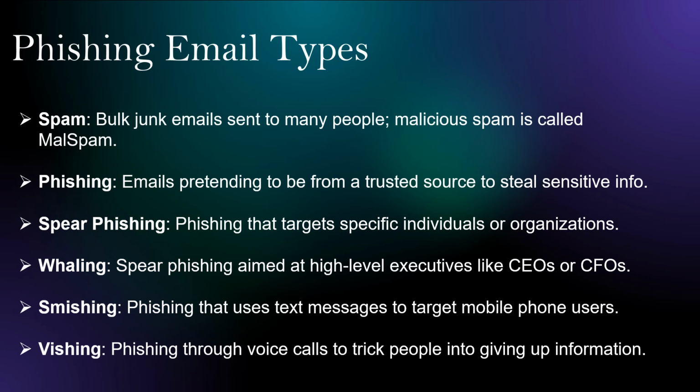Sometimes they send links in text messages, so that the receiver clicks on the link, and then they can get access to their mobile phones and try to steal the individual's data. Vishing is the same thing as smishing, but with a small difference: instead of sending text messages to the targeted mobile user, they make voice calls, and they can use bots to get sensitive information from an individual, or the whole organization.